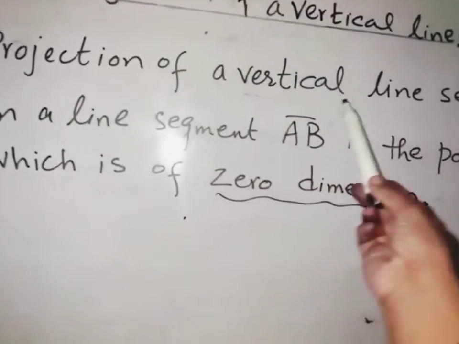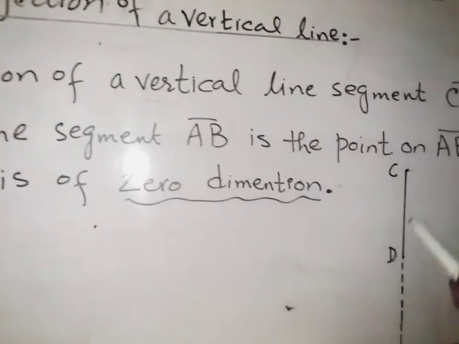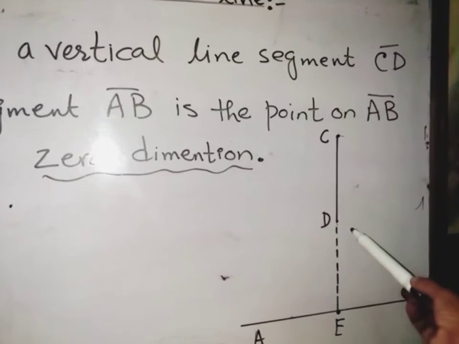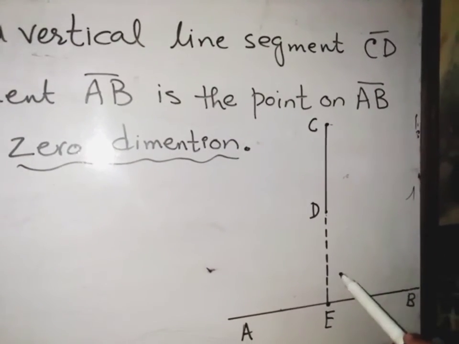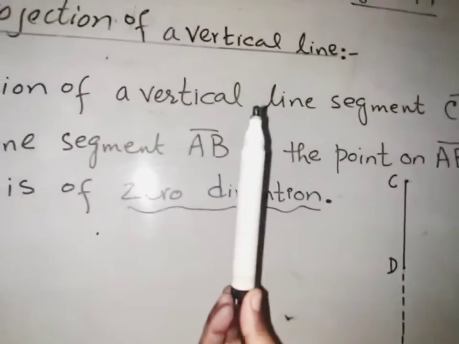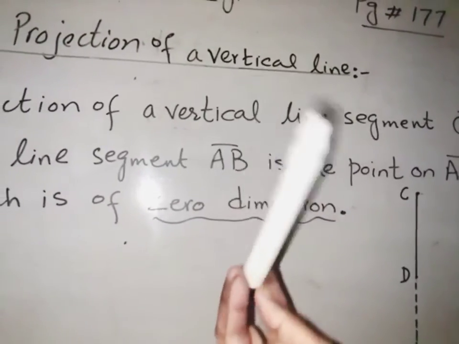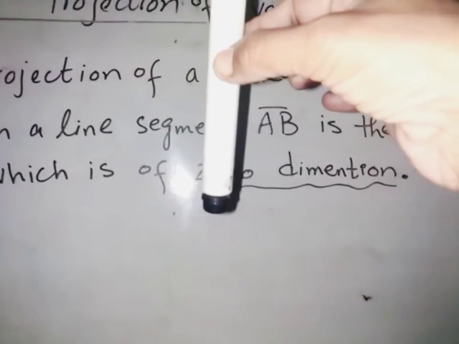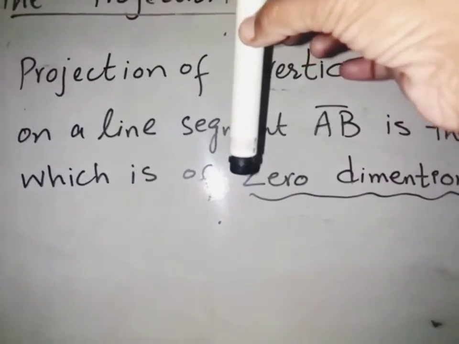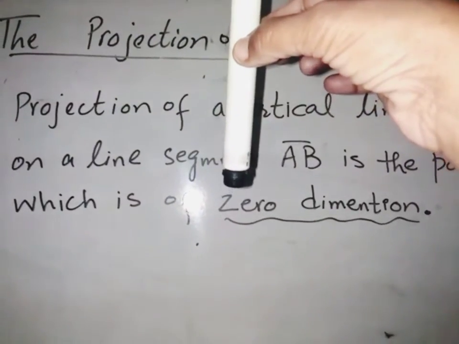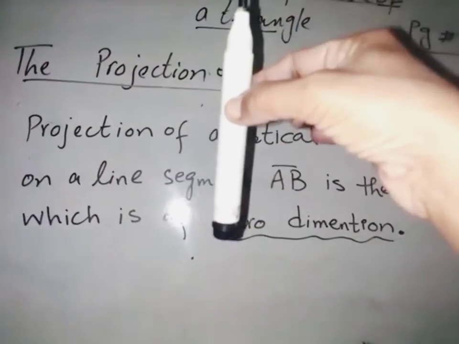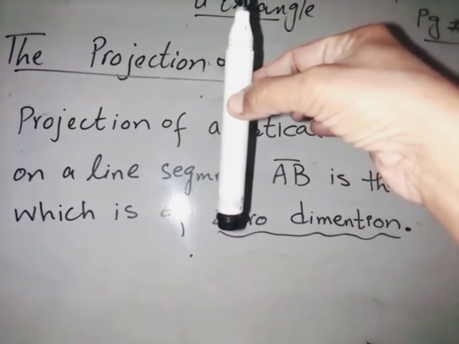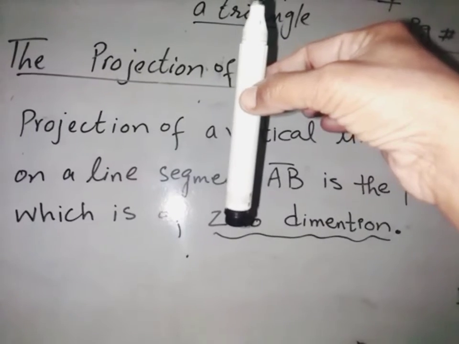This is a vertical line segment CD, and the dotted line shows the projection of this vertical line. Suppose this marker is a vertical line, and this line on the surface of the board has no dimension. Look here, there is no shadow on the board, so it is known as zero dimension.